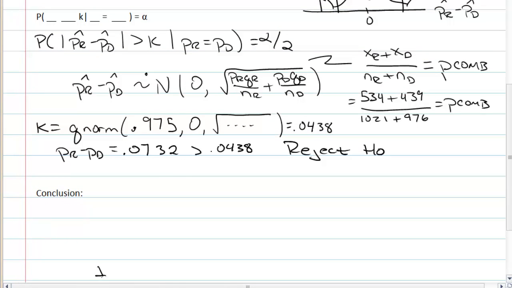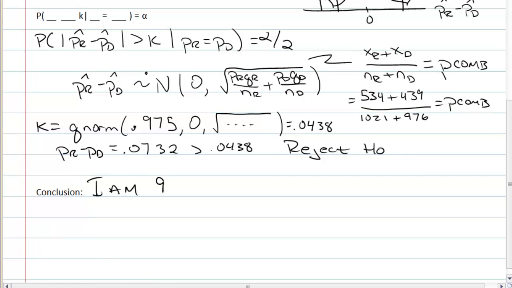Using the context of the problem, I am 95% confident based on my data.